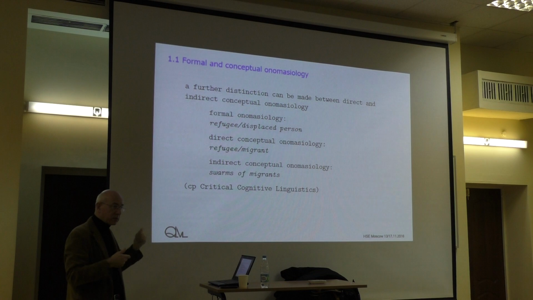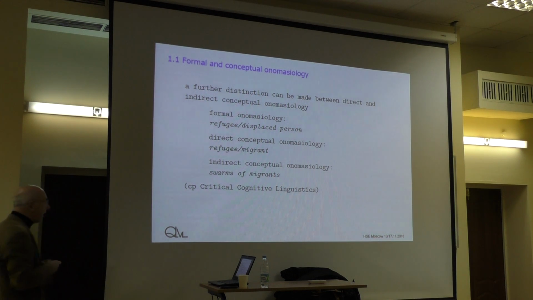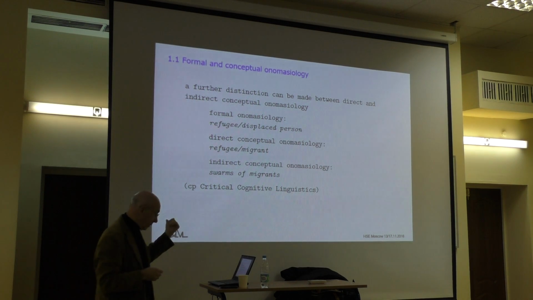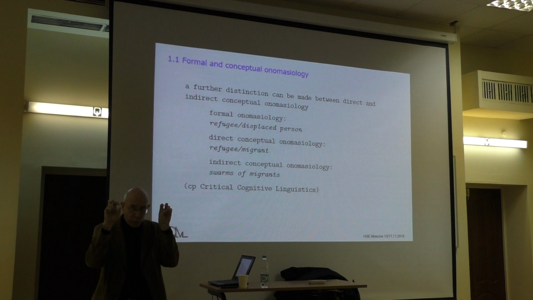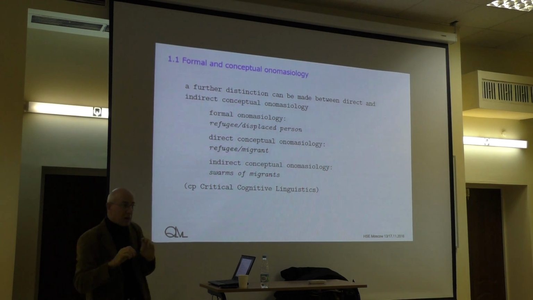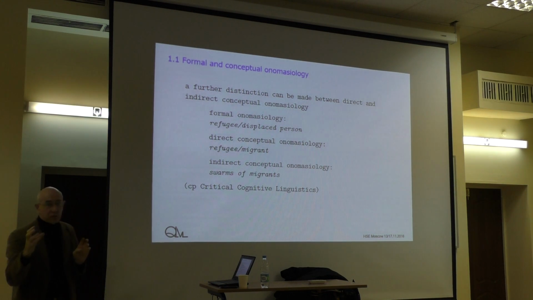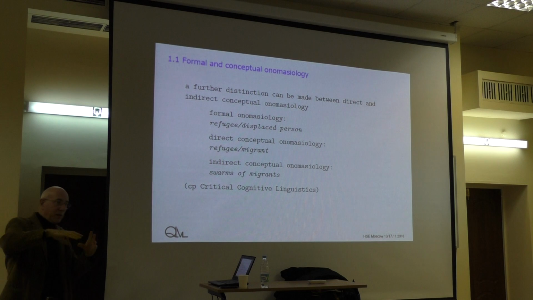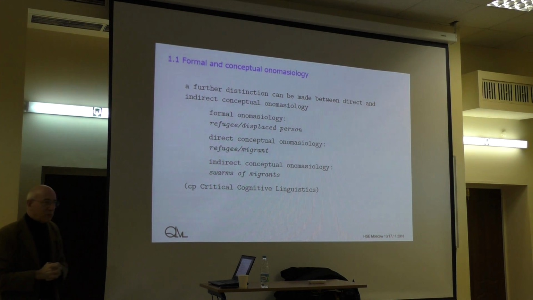That's direct conceptual onomasiology. And then, of course, if you talk about, like the former British Prime Minister did at one point, swarms of migrants, then of course you're adding something to the construal, because you construe the migrants as something that is obnoxious, annoying, and of which there are too many.